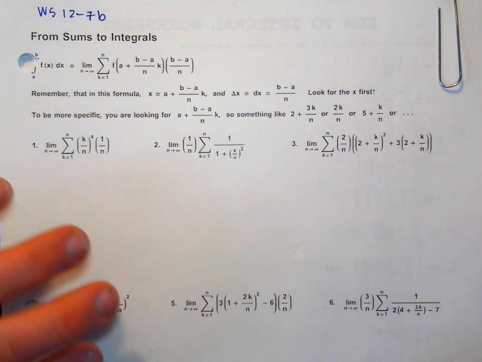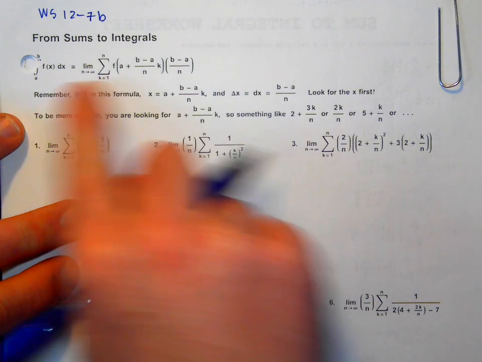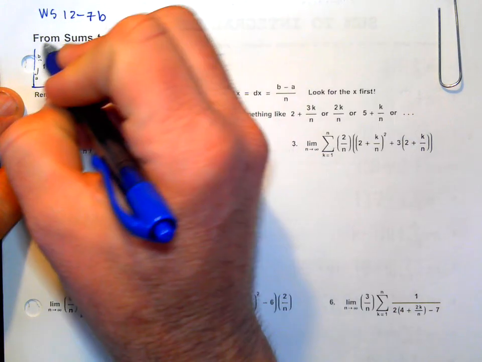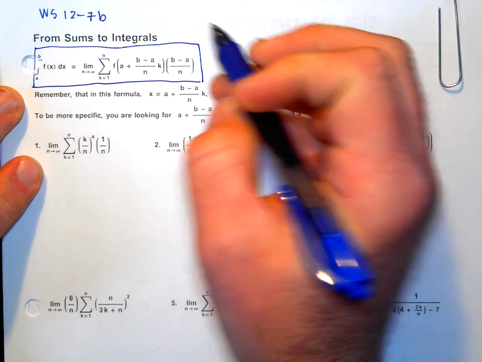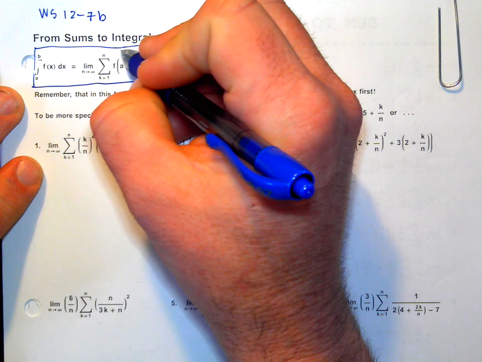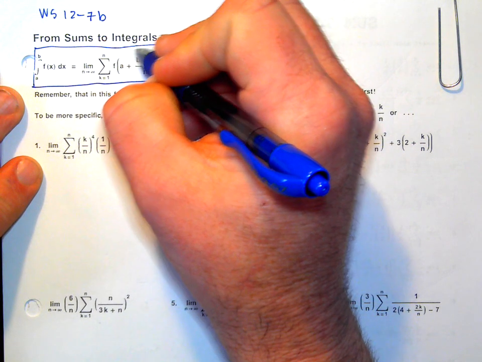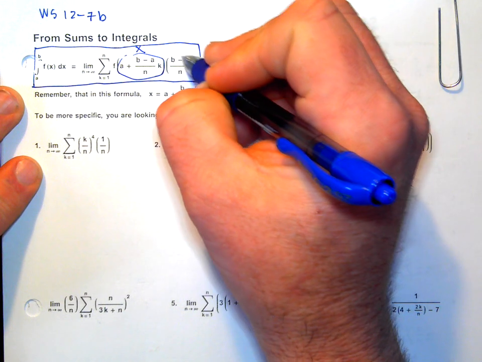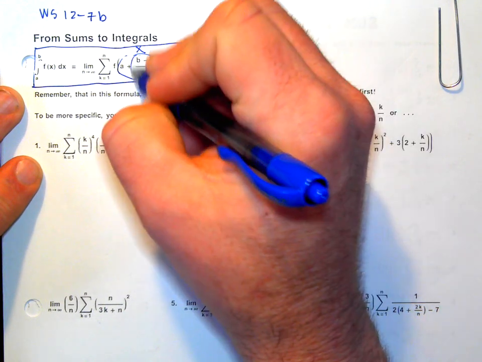It has some formulas written on it that we already talked about. It has this idea right here that the integral can be the limit of the summation of this, your expression for x, and this, your expression for delta x.